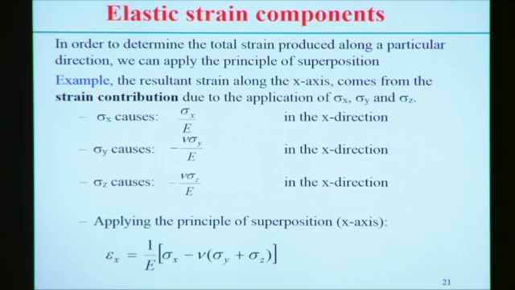So by looking into the Poisson's ratio, we will try to explain the components of stress or strain in different directions. In order to determine the total strain in one specific direction, we can apply the principle of superposition. Let us look into that.